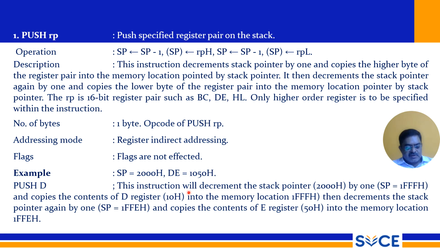This instruction will decrement the stack pointer 2000 by 1, so SP equal to 1FFFH, and copies the contents of D, 10H, into memory location 1FFFH. Then it decrements the stack pointer again by 1, so SP equal to 1FFEH, and copies the contents of the E register, 50H, into memory location 1FFEH. So this is the stack push operation.